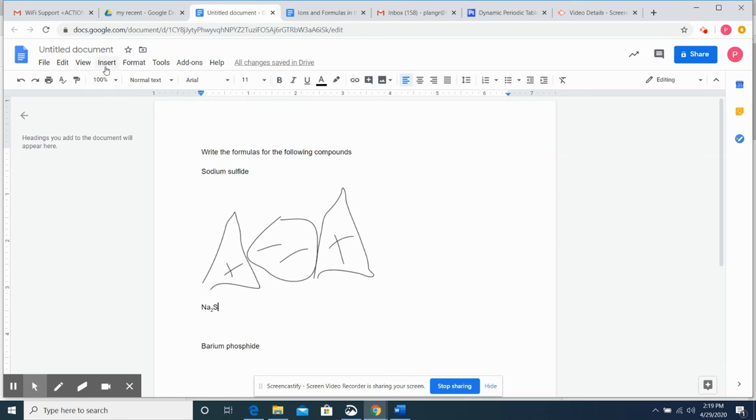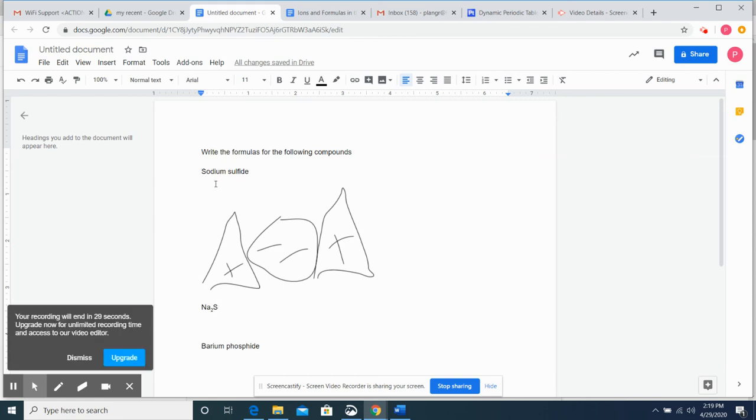I don't think you need to go into insert and drawing and make a drawing every time unless I tell you to do that. But I do think you need to do it on a piece of paper, sketch it out, or find some way so that you check out the charges. A way that some people do it is by sodium, they just write a little 1+ by it. Then they write a 2- by the sulfide as they're doing the problem. And then they think, okay, how many sodiums am I going to need to equal out that 2-, and then they're able to write the formula.